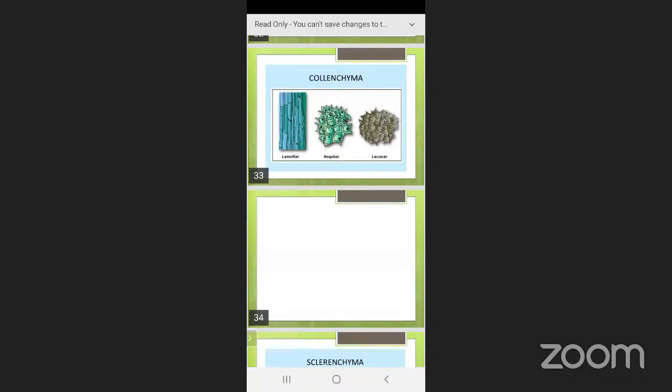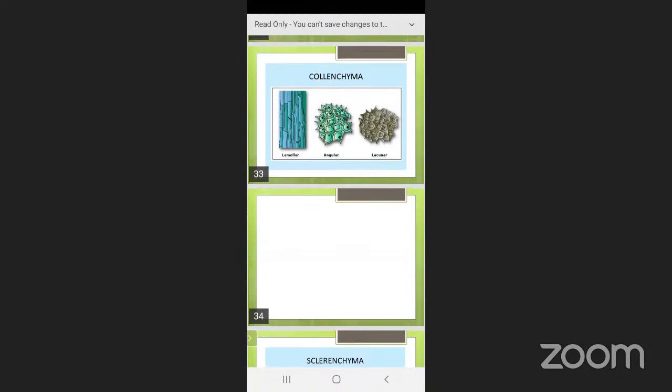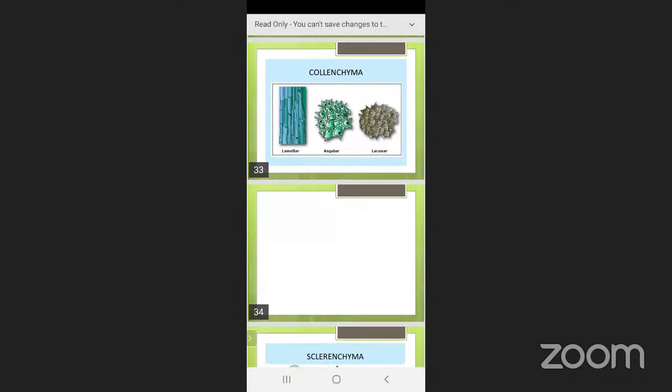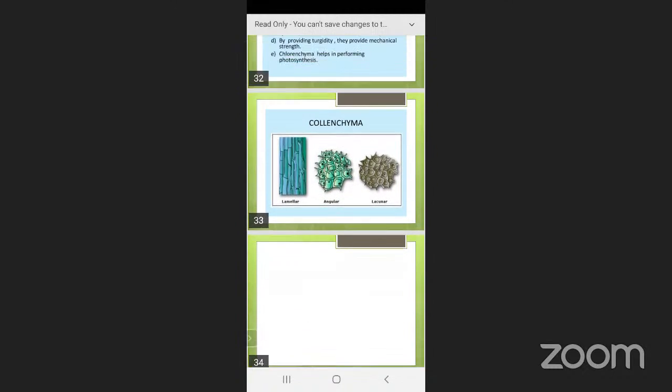Now we can go for collenchyma, the second one. Parenchyma, collenchyma, sclerenchyma. See here, collenchyma tissue.